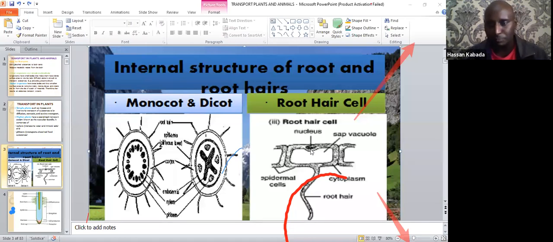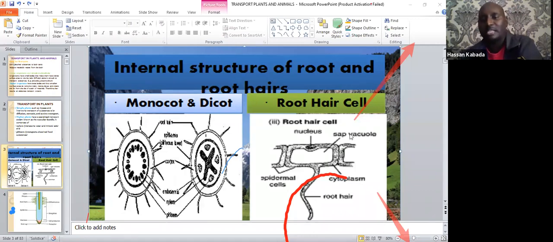Number two, you see this is the cell, but now it has an elongation. The root hair is long. This is to increase surface area for what? Absorption of water. They have a thin cell wall for rapid absorption of water and mineral salt.